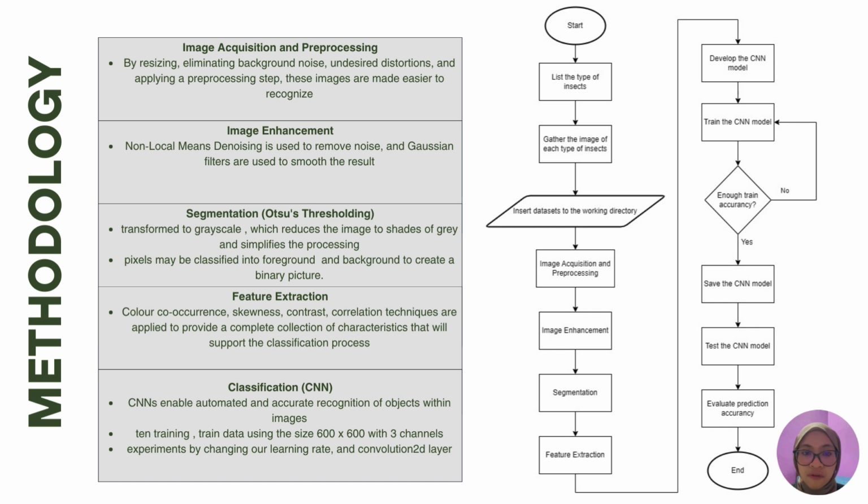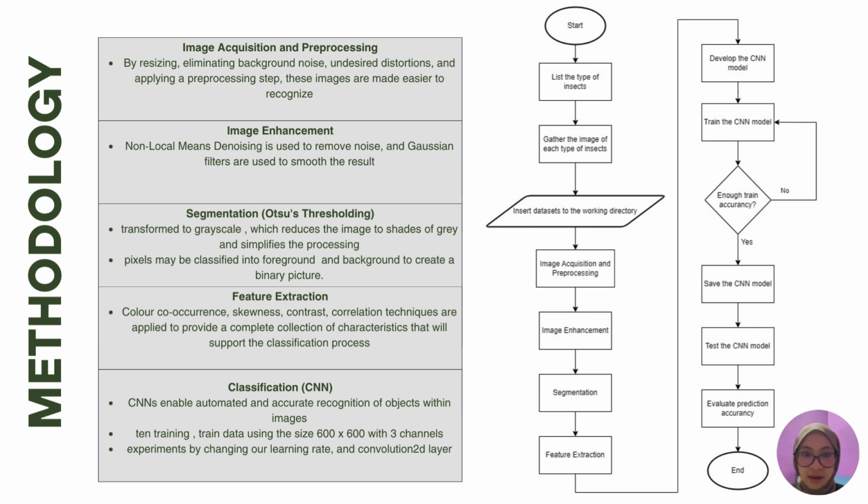The goal of the project is to identify different insect species using a dataset of 25 test images and also 25 training images. The images are first acquired and pre-processed. This step includes tasks like resizing images to a uniform size and converting them into a suitable format.